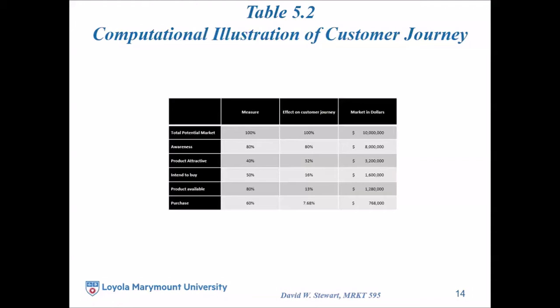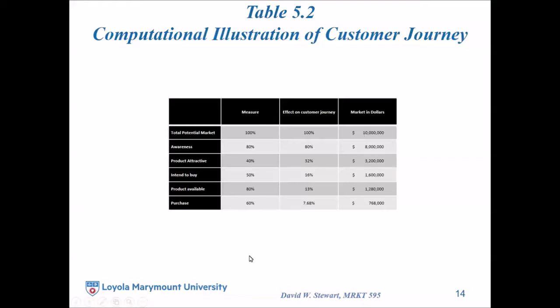And of those who think our product is attractive, only about half currently intend to buy. Maybe they've bought recently, maybe they don't have a need. Now our market is down to 1.6 million. And people have to be able to get the product.